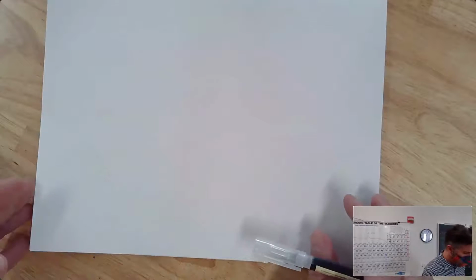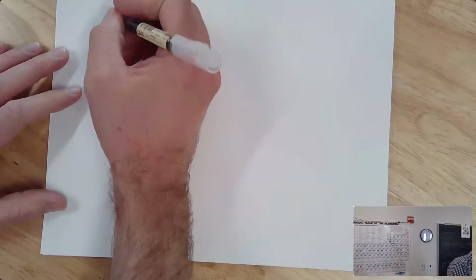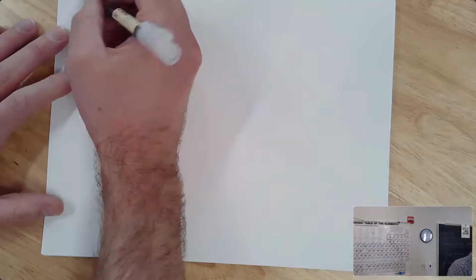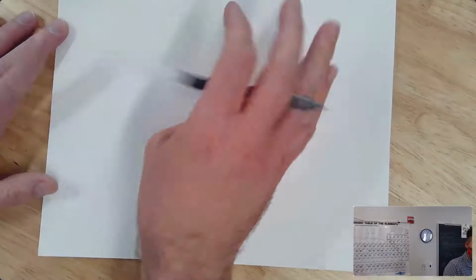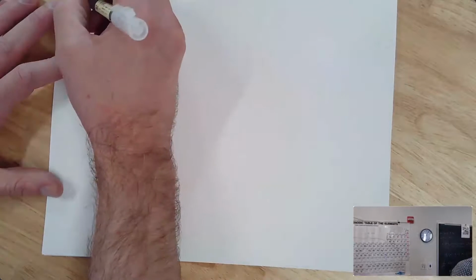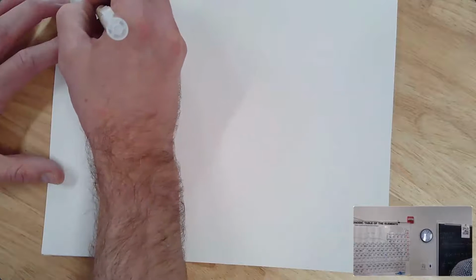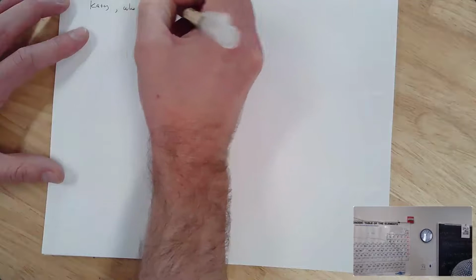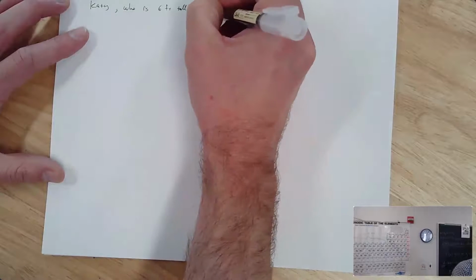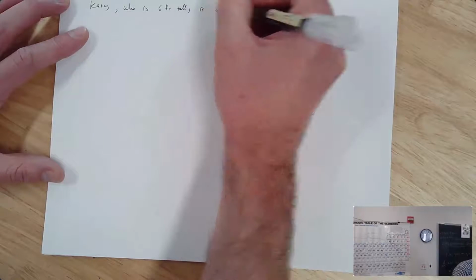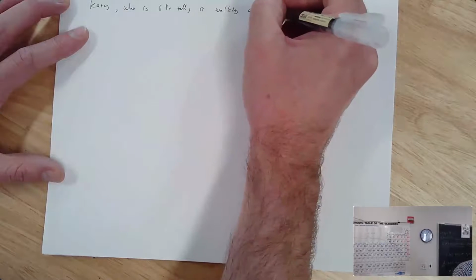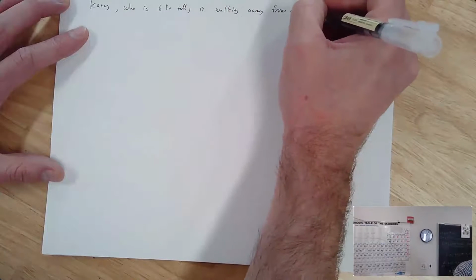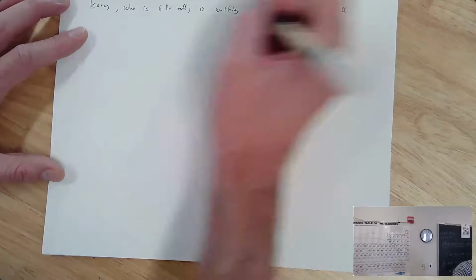So let's look at another common example. That's one of my favorite questions. We'll phrase it this way. Katie, who is 6 feet tall, is walking away from a street lamp. A 20-foot tall street lamp, I should point out.